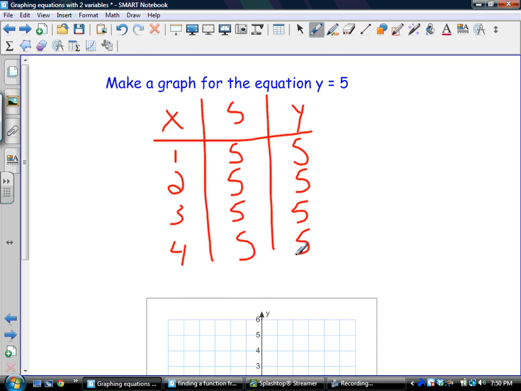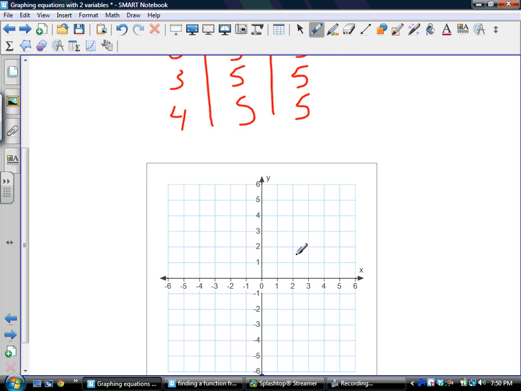Now if I went to graph those points, the point (1, 5) is up here. (2, 5) is right next to it. (3, 5) is next to that. And (4, 5) is next to that. If I connect those, what it gives me is a line, a special one, a horizontal line.